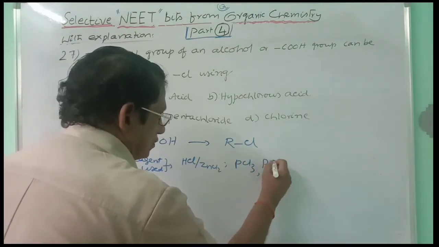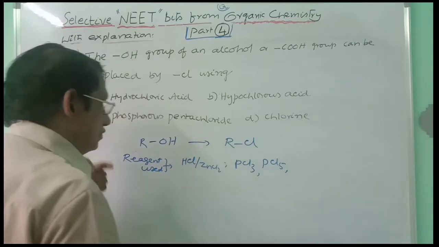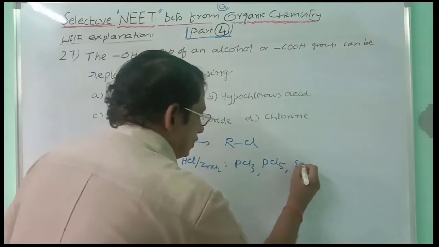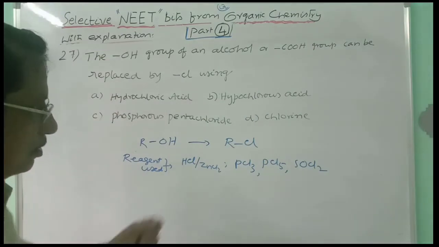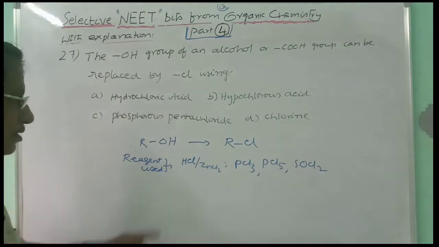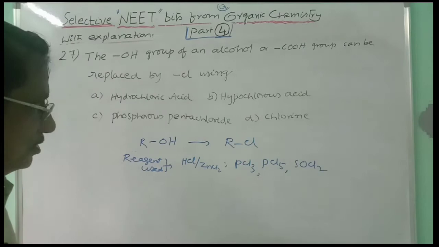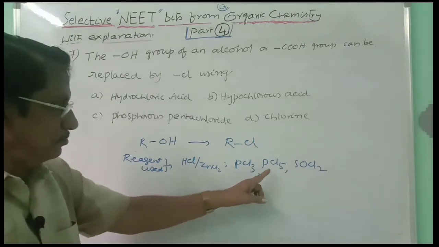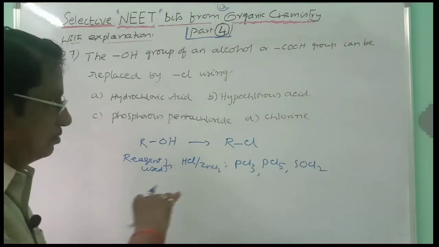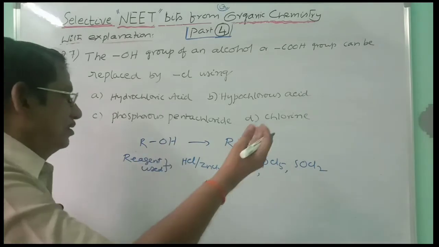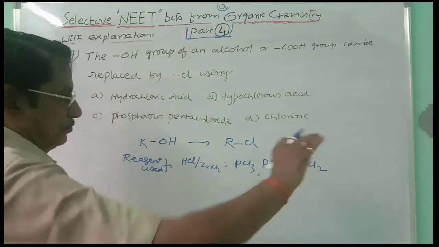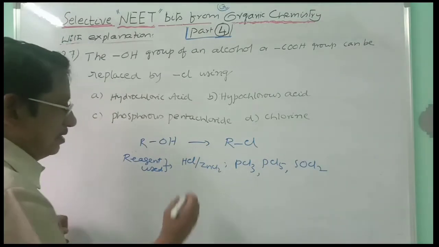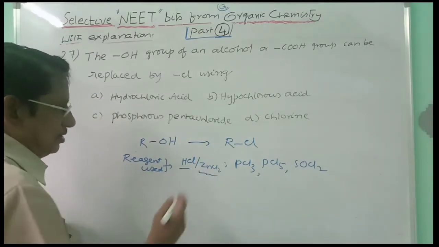Third one is PCl5. Fourth one is SOCl2, thionyl chloride. HCl, ZnCl2 is dehydrating agent there. Phosphorus trichloride, phosphorus pentachloride, and SOCl2. These are the 4 chlorinating agents to replace OH of alcohol or COOH by Cl. These are the groups. Generally, whenever HCl is given, you have to use ZnCl2.